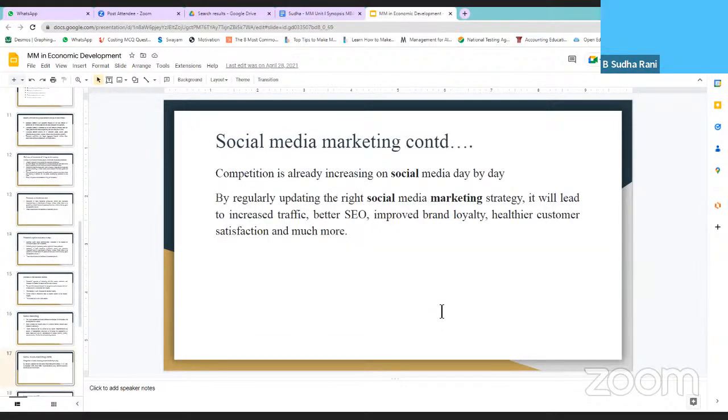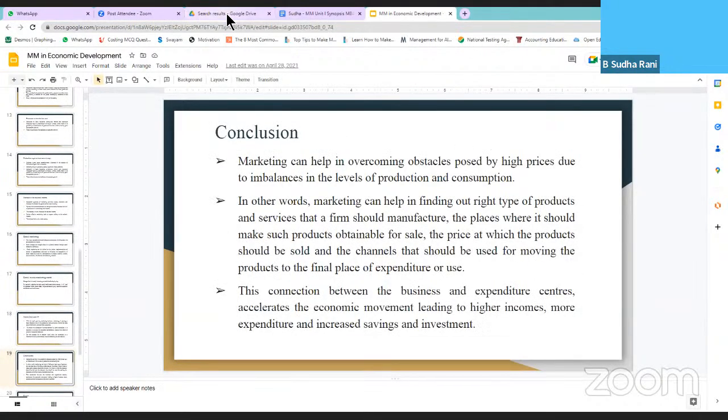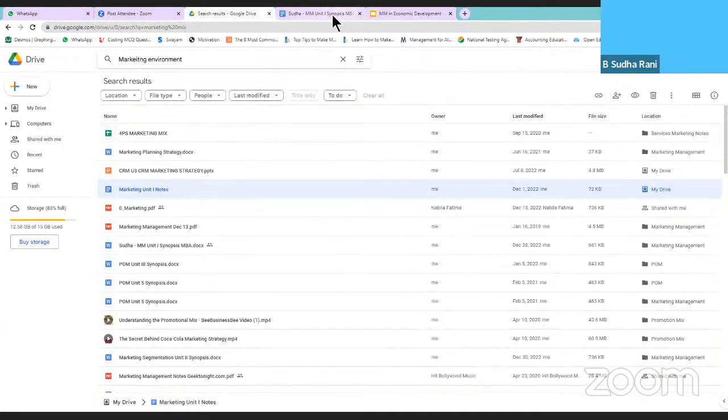Yes, we don't need this. The next topic is marketing. Hope you all are following. Has someone raised a hand? Ashok, you can unmute yourself.